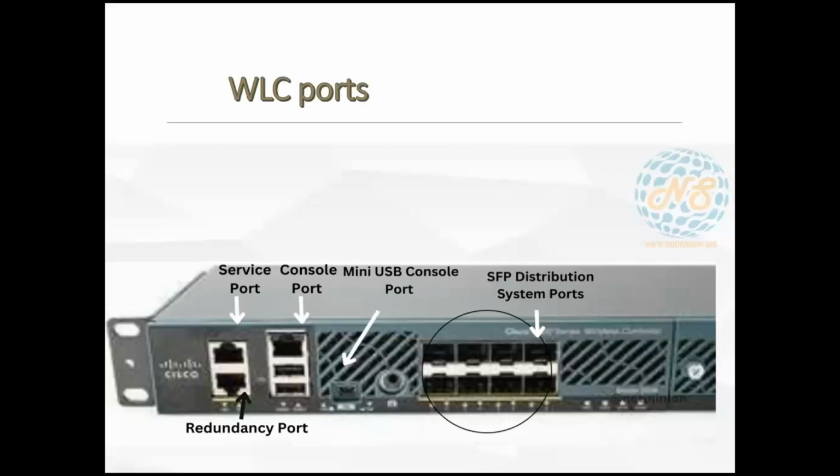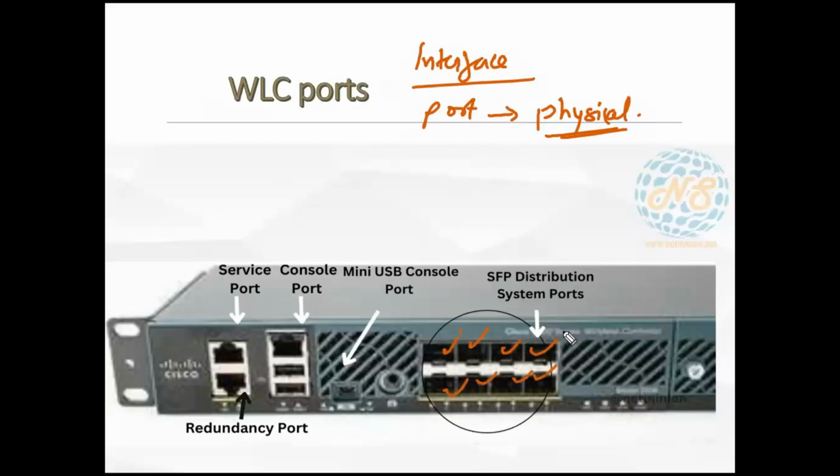When we talk about Cisco WLC, there are two terms. One is the interface and one is the port. P stands for port, P stands for physical. So physically, these things are named as ports. Interface means the logical.